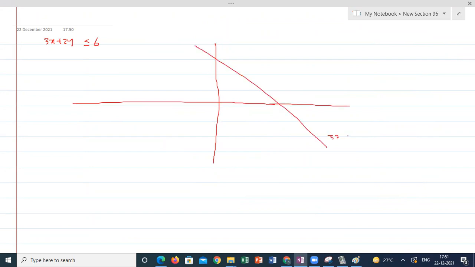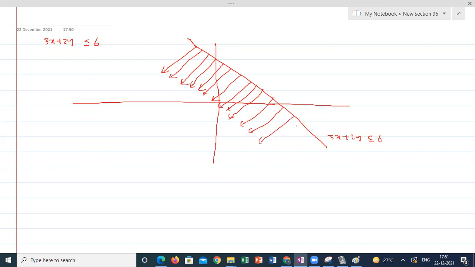Less than means other than the points on the line, all the points below the line, and equal to means including the points on the line. So you have to draw the arrow marks for the region below the line, including the points on the line, so just touch these arrow lines to the line of the main equation.